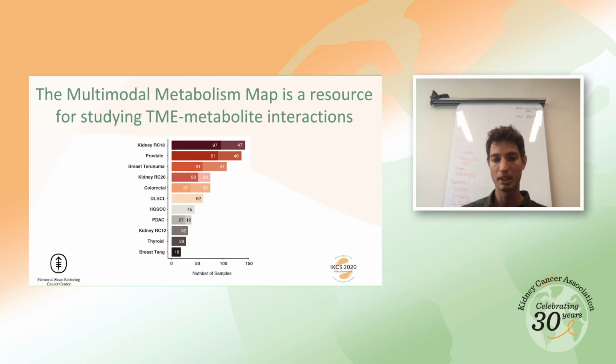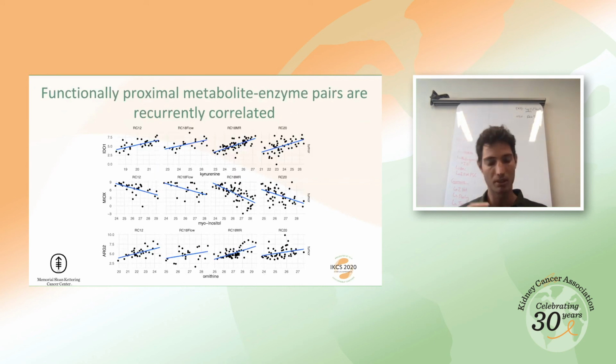Focusing on kidney cancer, one of the first things we wanted to study was not necessarily how the microenvironment related to metabolism, but how gene expression itself related to metabolism. And one of the most intriguing observations we made right off the bat is that there are pairs of metabolites and genes, where these genes encode enzymes, that are recurrently correlated across the 4 data sets of kidney cancer data we have in the MMM.